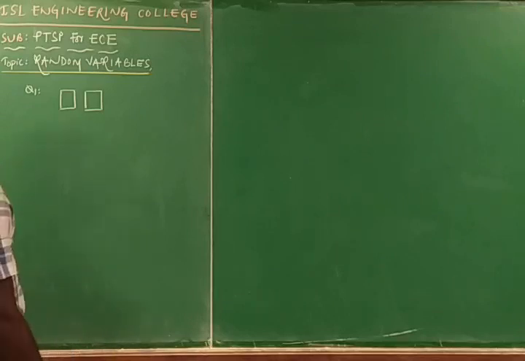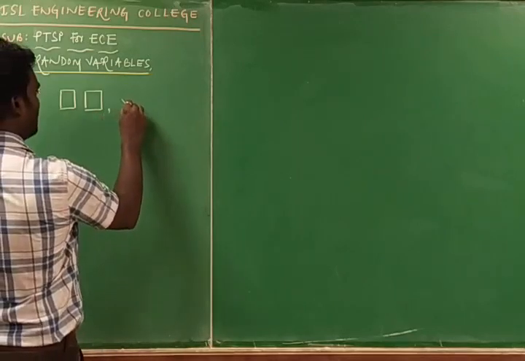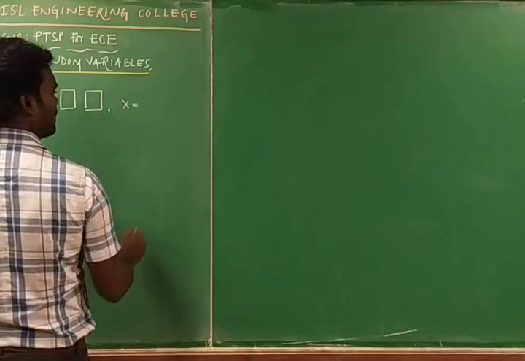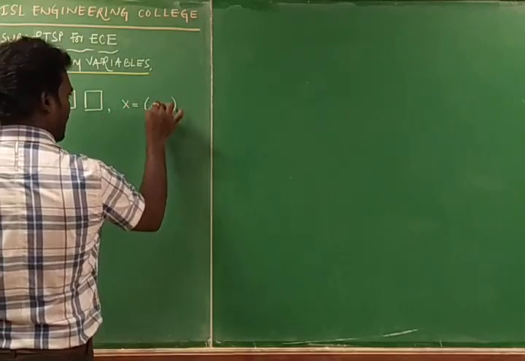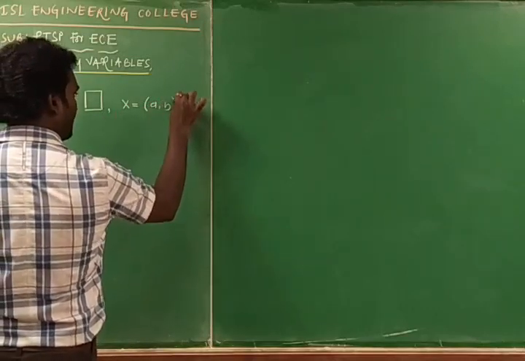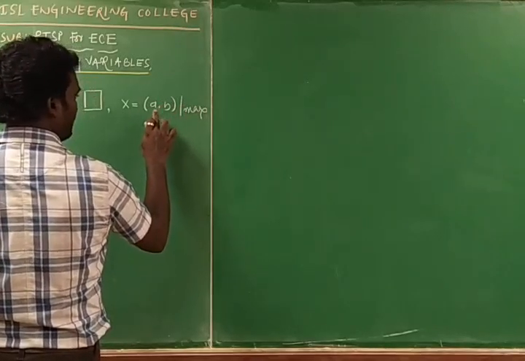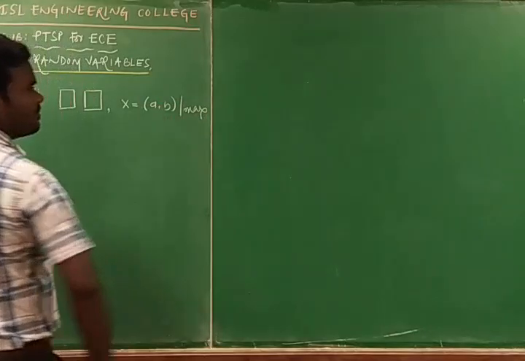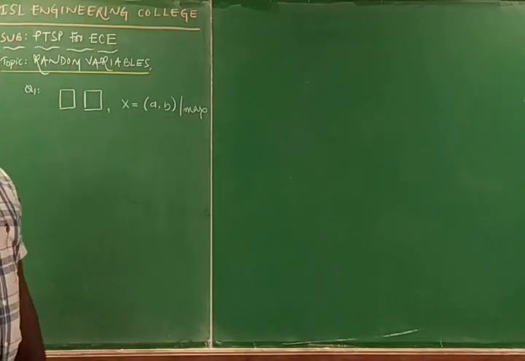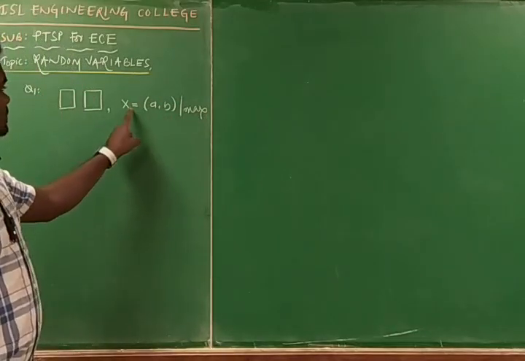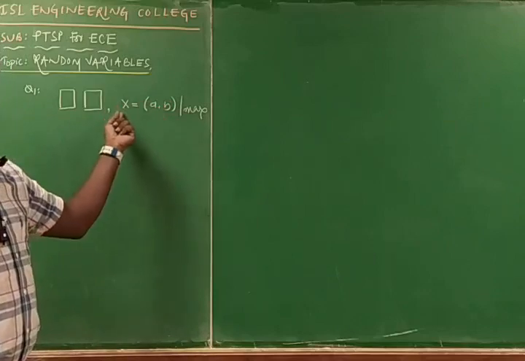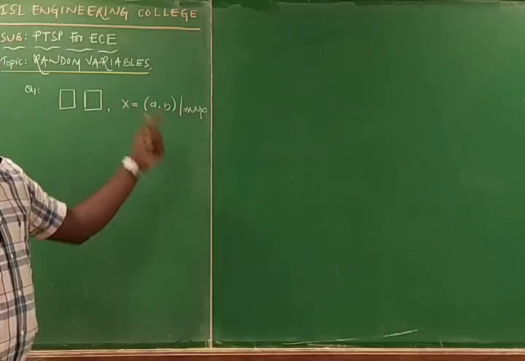And here x is a random variable, which is nothing but a comma b and the maximum. That means we require the probability of a plus b. If x is equal to 1, 1, that will be the probability of 1 plus 1, that is 2.